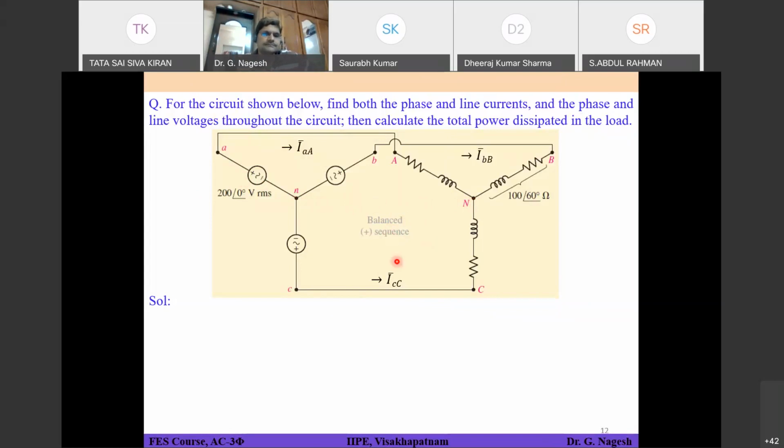So by default one wire exists between small n and capital N, that we can assume. Now try to calculate all 3 phase voltages first, next all 3 line voltages, next find out the phase or line currents. Try to do that.